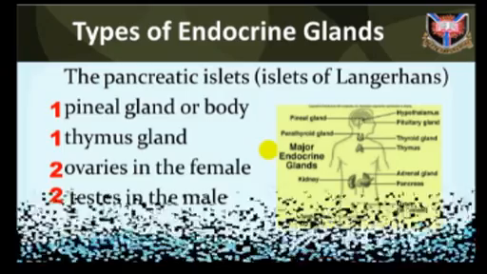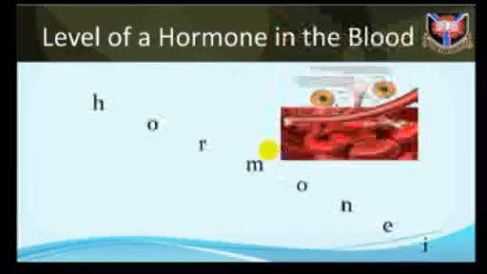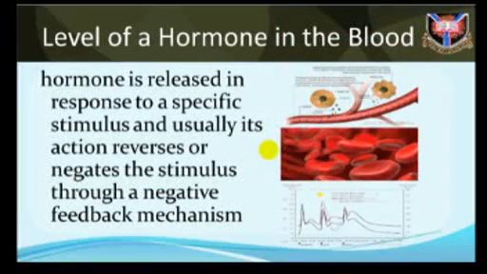The level of a hormone in the blood is variable and self-regulating within its normal range. A hormone is released in response to a specific stimulus, and usually its action reverses or negates the stimulus through a negative feedback mechanism.